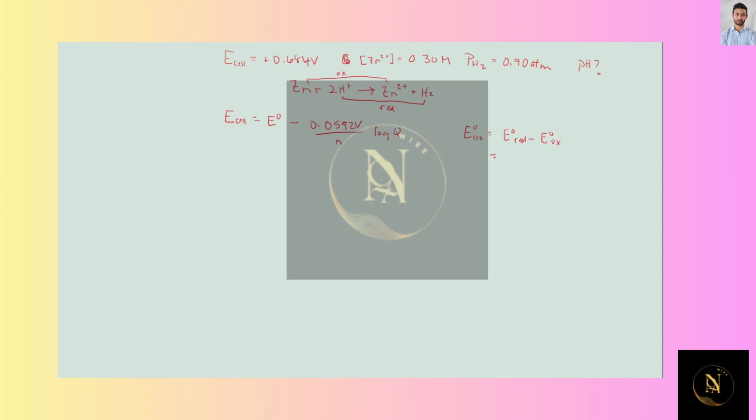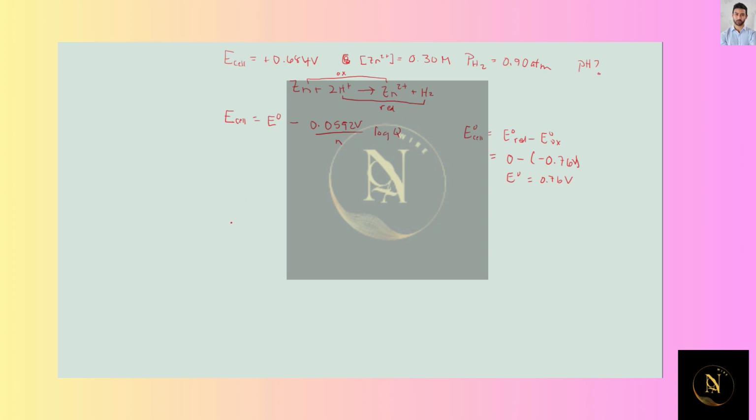Looking at those values on the chart, this is equal to 0, because hydrogen is the standard, minus a negative 0.76 volts. So my standard cell potential is equal to 0.76 volts.